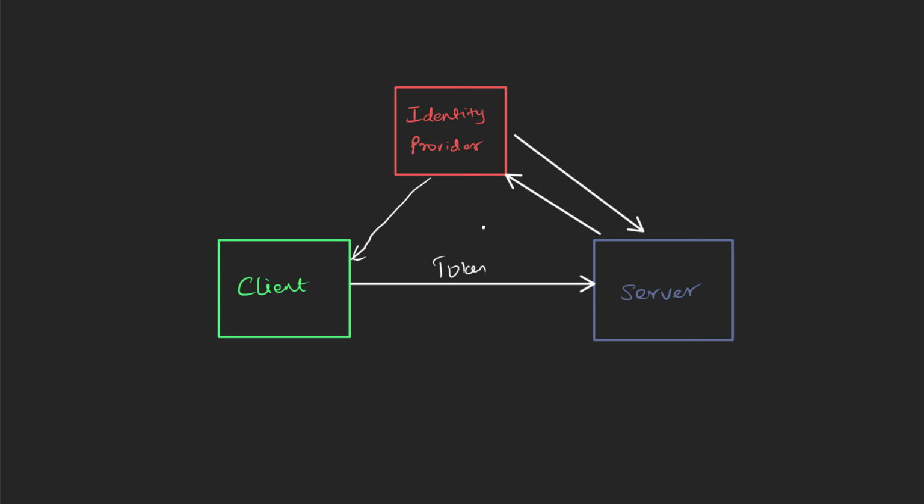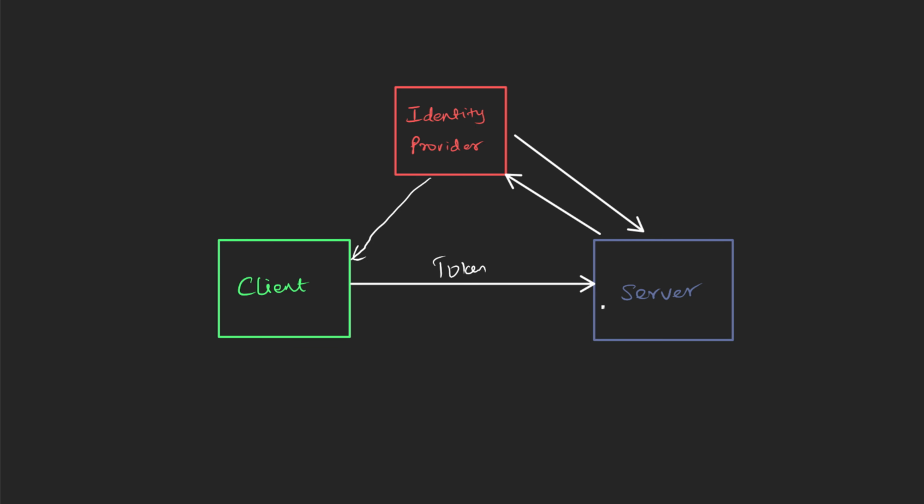Both authentication and authorization happen in a central location, and that is this identity provider. This may be exactly what you need in many scenarios, and this is how many of the authentication and authorization systems work. But in some situations, you may not want to go to the identity provider for verification of the token and also for getting the permissions of this particular client.